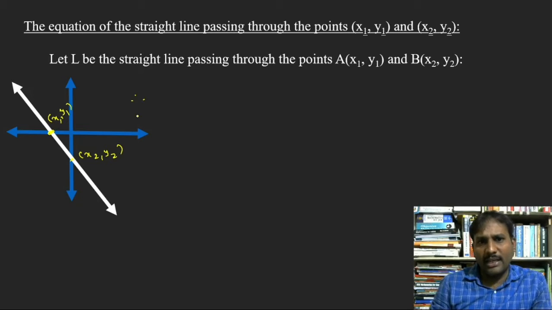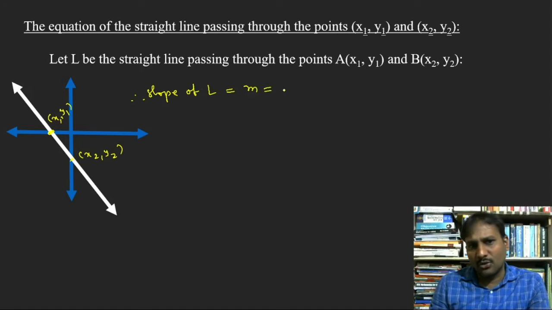Now we know one equation. Before that, what is the slope of this line? What is the slope of L? That is m is equal to, we know that the slope of a line passing through 2 points x1 comma y1 and x2 comma y2 is y2 minus y1 by x2 minus x1.